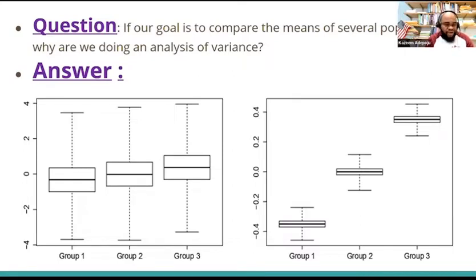I said, you are comparing means, why not call it analysis of means? Why are you calling it analysis of variance? It's called analysis of variance because the reason why we need to compute a mean is because of variation. If there's no variation at all, we don't talk about mean.